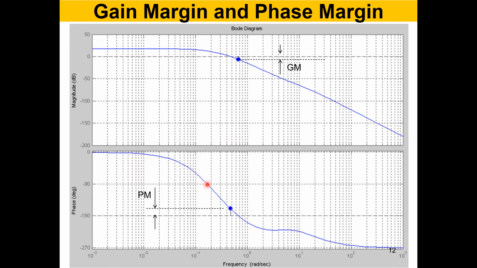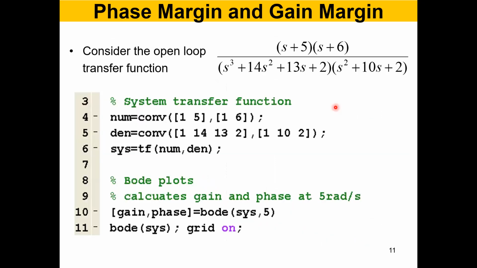And 90 degrees minus, that is phase lag, is here for slightly more than 0.1 radians per second, and it goes like that. So you can do this for any block, irrespective of whether it's a complicated block or a simple block. And in MATLAB, you can calculate the gain and phase for 5 radians per second.